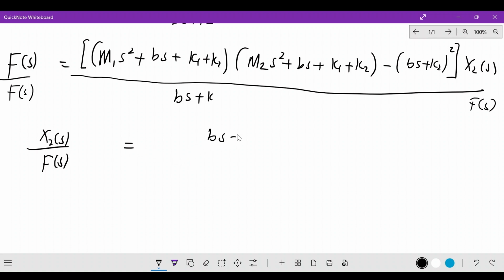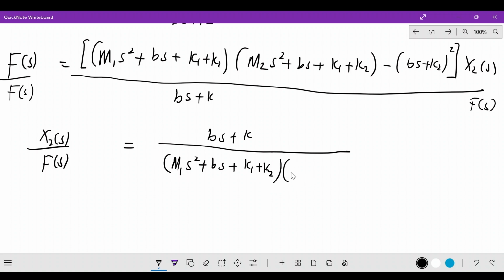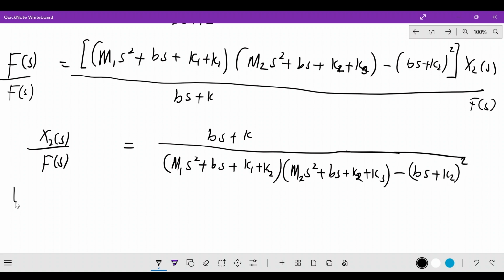Bs plus k on top, divided by m1 s squared plus bs plus k1 plus k2, and then multiplied by m2 s squared plus bs plus k2 plus k3, plus k2 plus k3, minus bs plus k2 squared. So this becomes the overall transfer function.